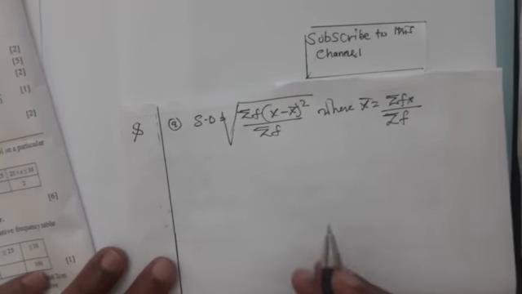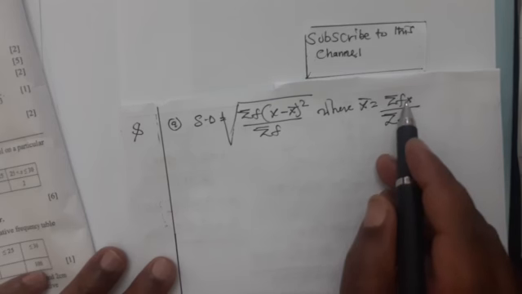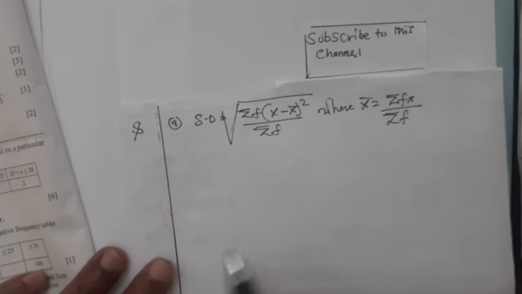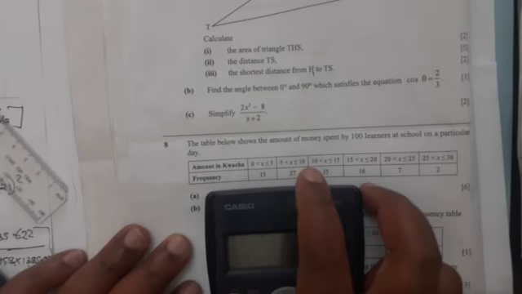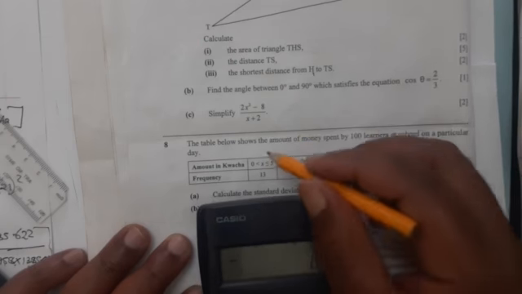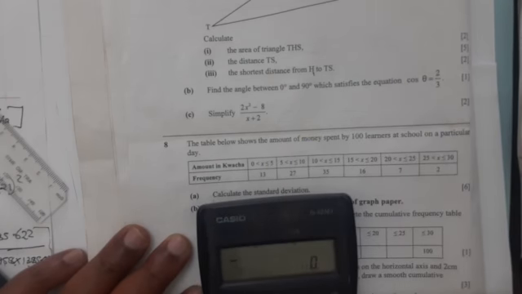So what we are going to do first is to get the mean. Take note, x is the midpoint of each class interval. Okay? So, if you look at each class interval here, we are talking about 0 to 5. What is the midpoint? It's about 2.5, right?